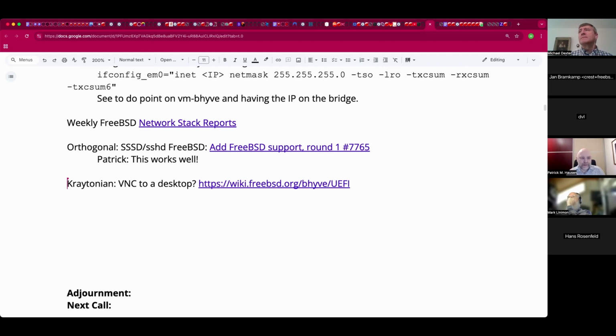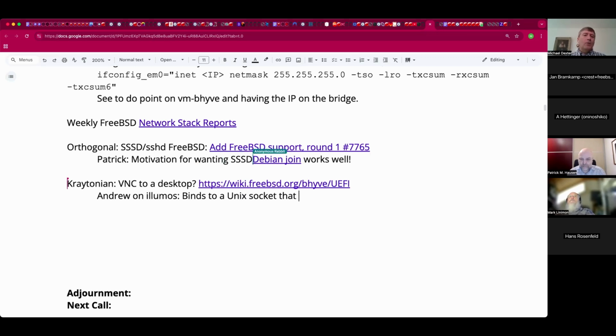And yes, Andrew, as I was going to say on the VNC thing, I assume on the FreeBSD side it works similarly, but I know on our side it binds to, I think, a Unix socket that we usually just make some other connection with. So you can either send it out over a secure connection of some kind, or, if you're not as caring, just use something like NC.